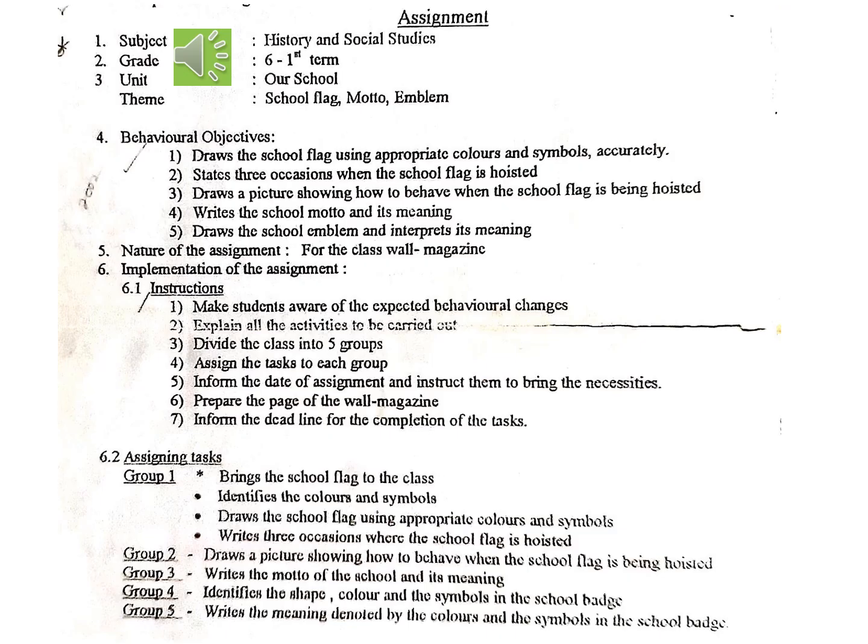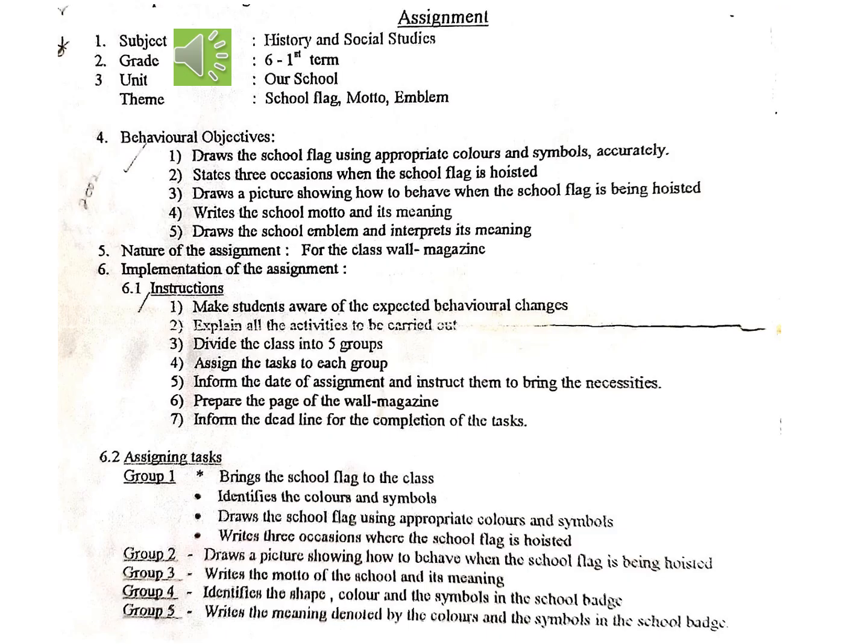This is an example, so I am going through this example. You can provide your own information. Unit is our school. The theme under that unit is school flag, motto, emblem, right? Then you have to write the objectives of the assignment.